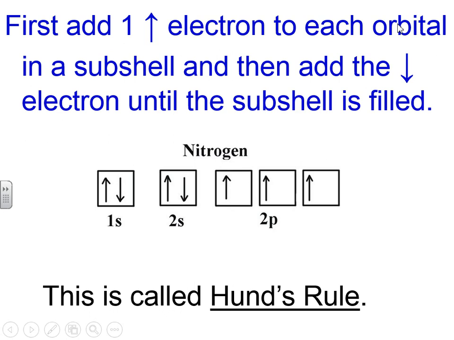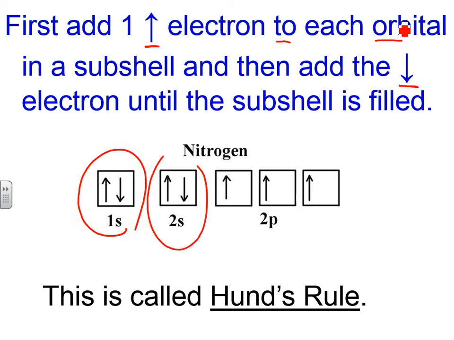We'll first add the up electron to each orbital, and then we'll add the down electron to each orbital until the subshell is filled. Now, notice that we fill each subshell at a time. So we fill the first S subshell with up down, the second S subshell with up down, and then the third subshell, which is the 2p subshell, we'll actually put all up electrons in first.